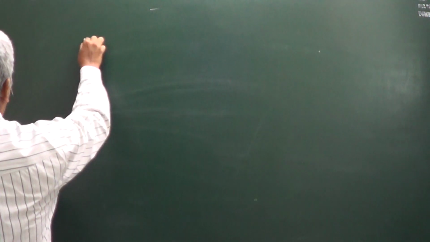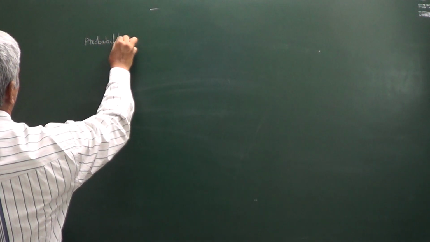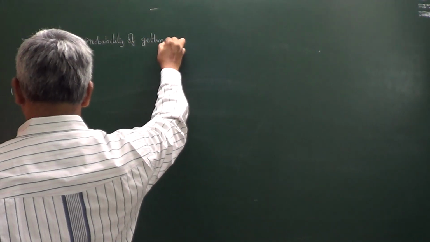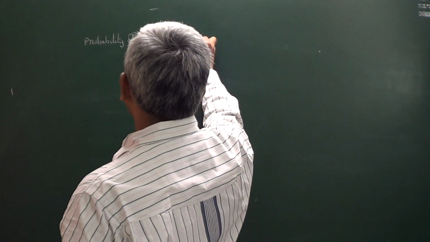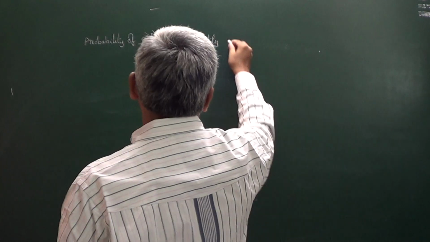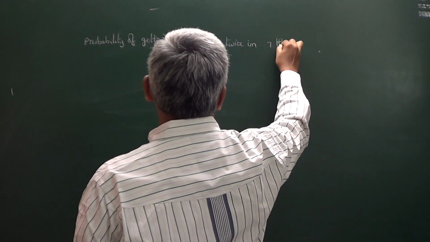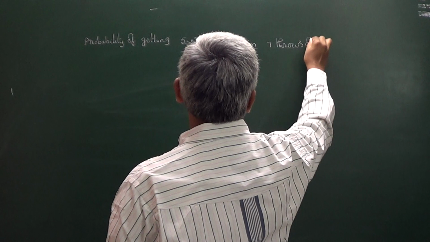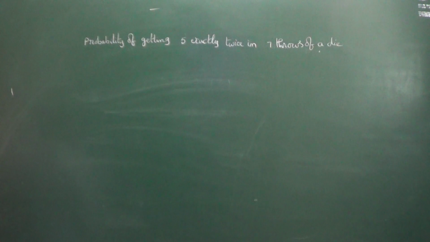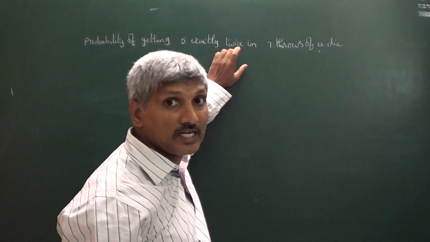Find the probability of getting 5 exactly twice in 7 throws of a die. Find the probability of getting 5 exactly twice. 5 we have to get exactly twice.